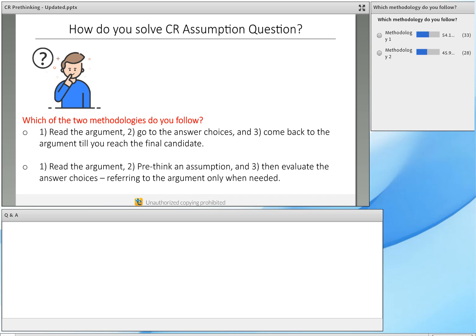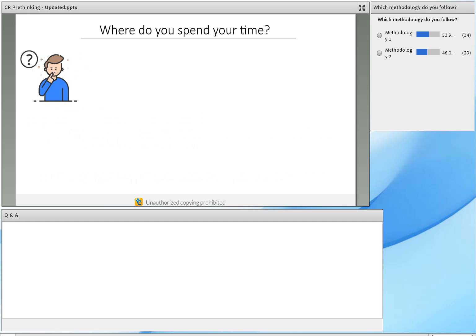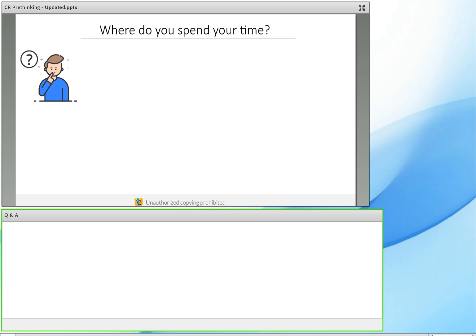We broadcast results. 55% of the class follows methodology 1, which is what I call the back and forth approach, and then about 46% of the class follows methodology 2. Okay, and then if you follow the pre-thinking methodology, the 46%, this question is just for the second group.